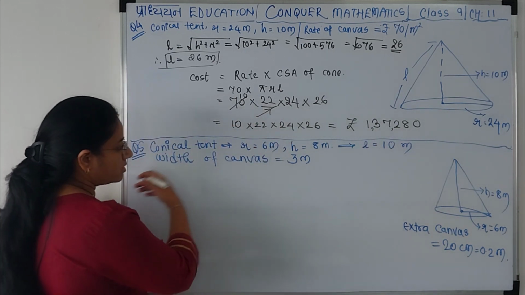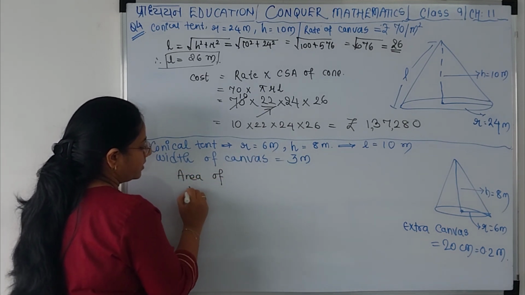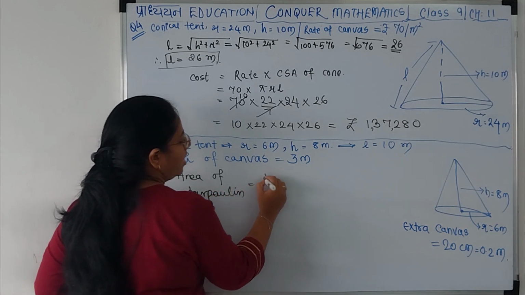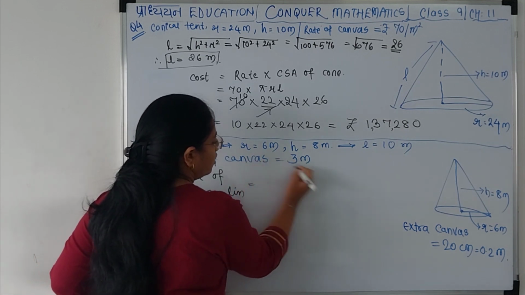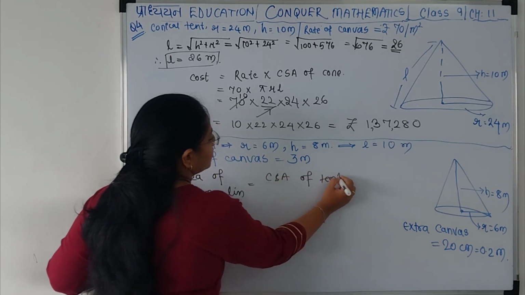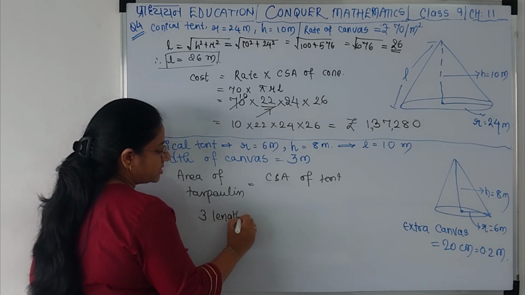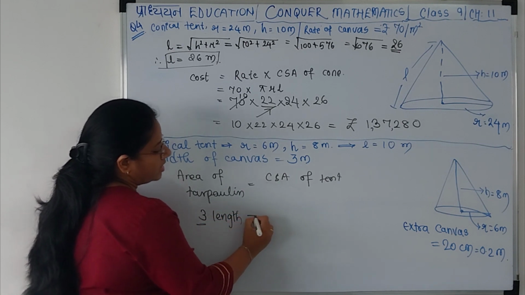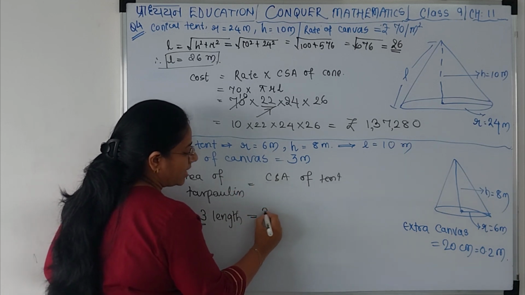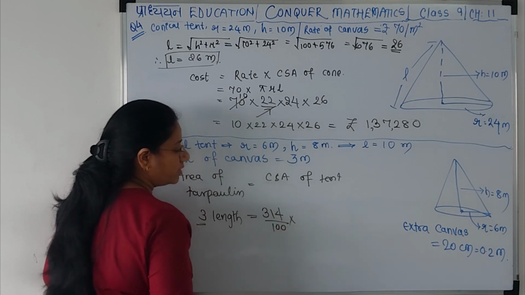So directly what we will do is area of tarpaulin required is equal to area of, or we can say curved surface area of tent. Correct? So area will be equal to 3 times the length, that is 3 is the width and length is equal to CSA of tent, which is pi r l. Pi you are asked to use 314 by 100, that is 3.14.